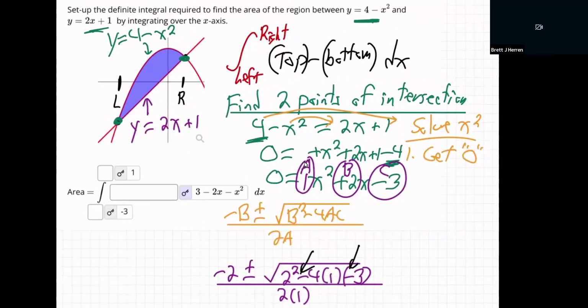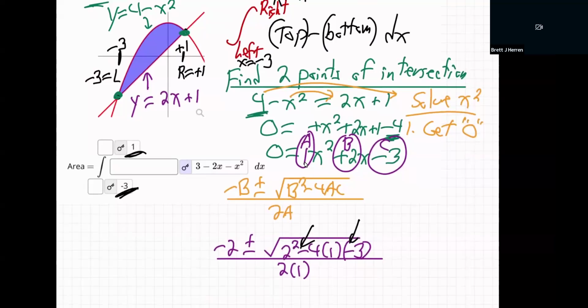So these must intersect. The right must be +1 and the left must be -3. It goes from -3 to +1, which is exactly what they got in the answer there. So then our integral is going to be the integral from -3 to +1 of the top minus the bottom.